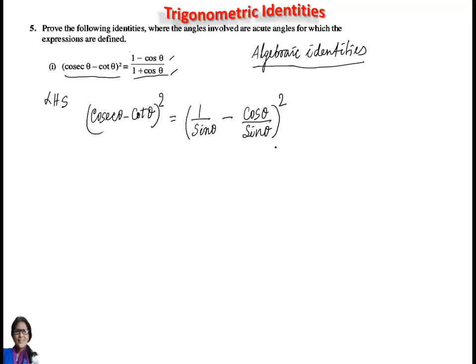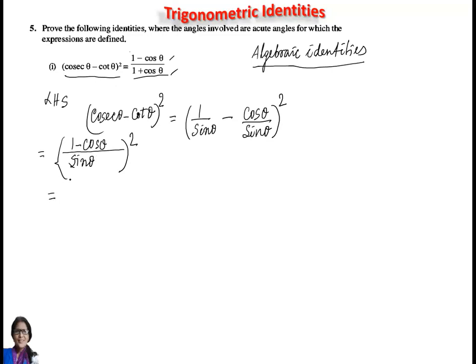So I am converting this into sine and cos. Next, inside the bracket, I'll simplify because I'm getting sine theta as the denominator. So this will be the LCM, and here I'm writing 1 minus cos theta in the numerator, on simplification within the bracket, within the square. I hope it is followed.